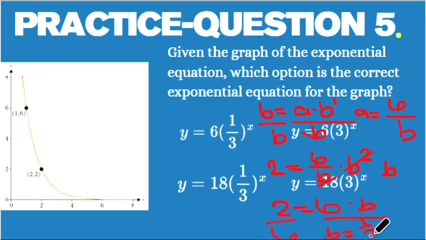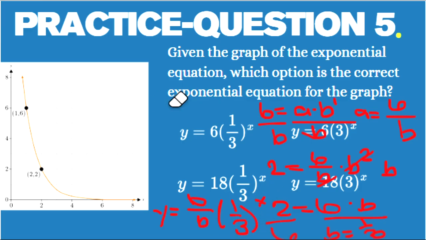I think I'm getting there because that's one of the options in this. So then we end up with y equals a, which is 6 over b. They look the same because my handwriting's so good. Times b, which is 1/3, raised to the power of x.